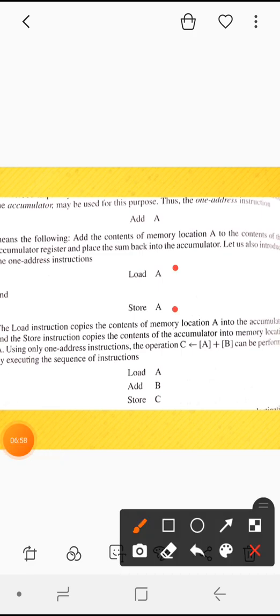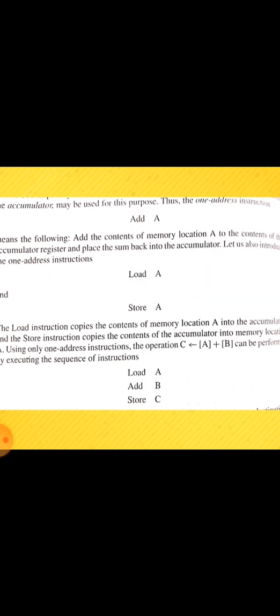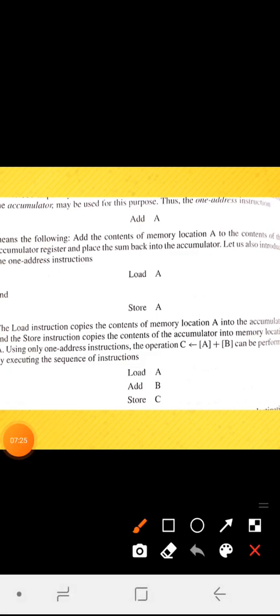Load and store. Load says you have to move the content present in location A to the accumulator. If you are moving the information present in A to the accumulator, then it is loading. If it is from the accumulator into a memory location, then it is storing. Got it? So add A says you are performing addition of the content in memory location A with the accumulator and storing the result back in the accumulator.